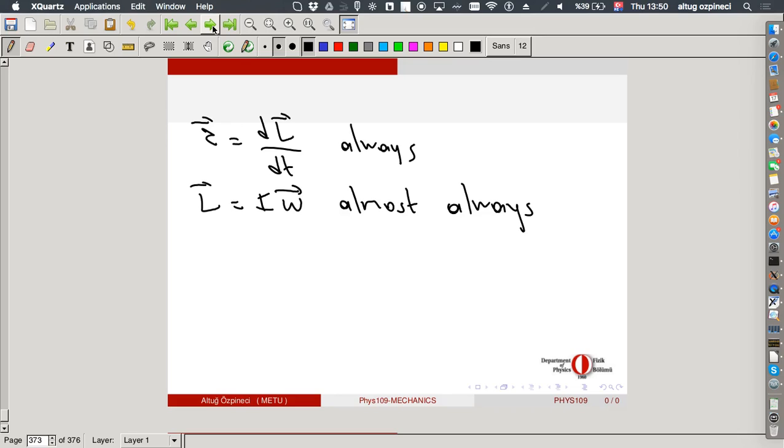No. We are not free to choose the direction of omega. The direction of omega is already fixed. Omega should satisfy this one. This is the velocity of the axis.